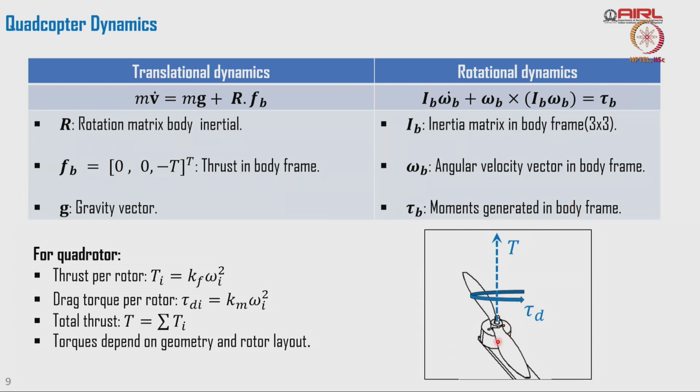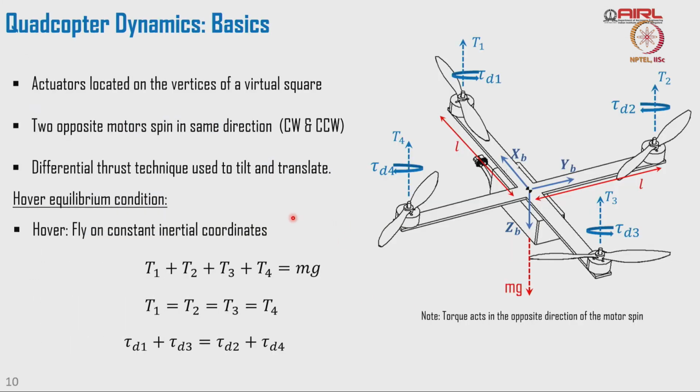So, for a typical single motor propeller system, I am just showing the thrust acting vertically upwards and there is a torque, that is tau d. Now, I am making a simple model. Actuators are located at the virtual square. If you are trying to connect all these, it becomes a square.